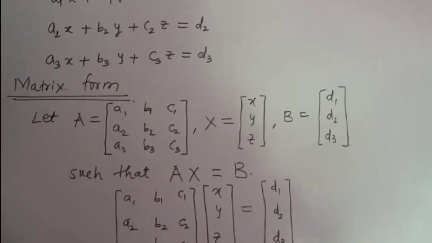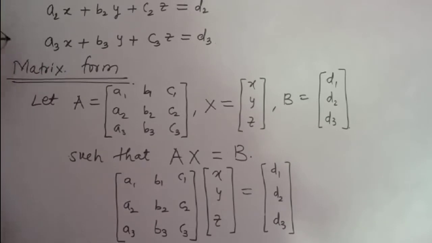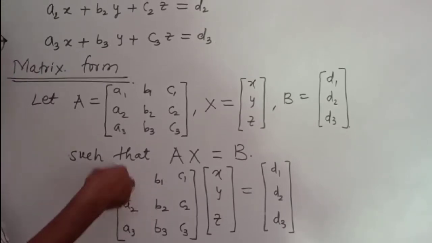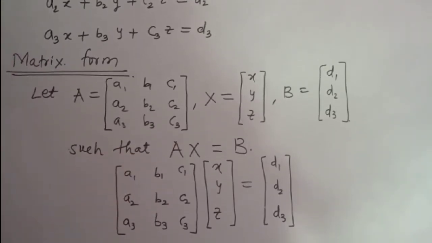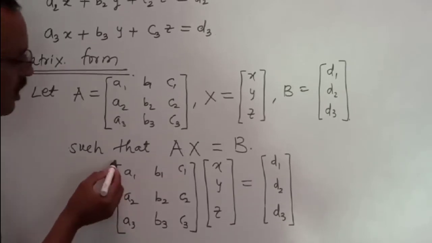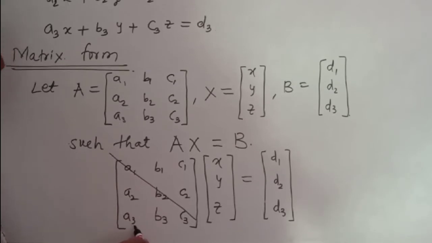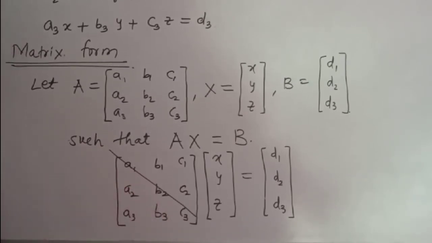In this method, we convert the matrix A into either an upper triangular matrix or a lower triangular matrix. That means by using transformations, generally row transformations, in this matrix, this is the diagonal. The three elements below the diagonal we convert into 0.